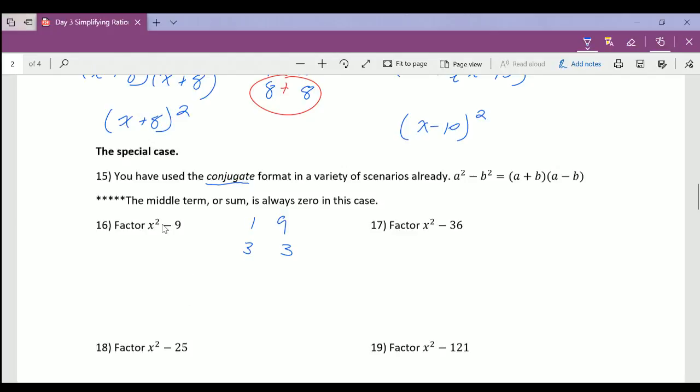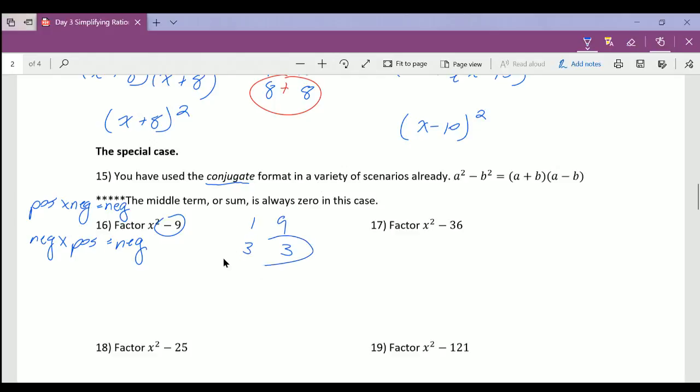Okay, since this is a negative 9 that we're multiplying, remember the choices are a positive times a negative would give you a negative, or, and it's different but the same, a negative times a positive would also give you a negative. Okay, so one of these would have to be negative, one would have to be positive.